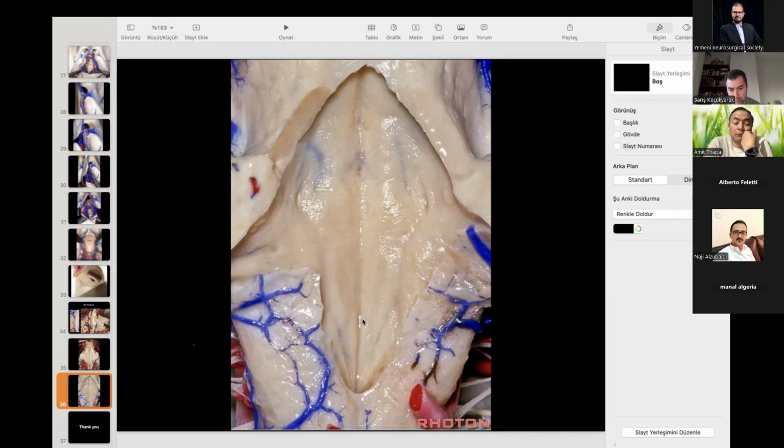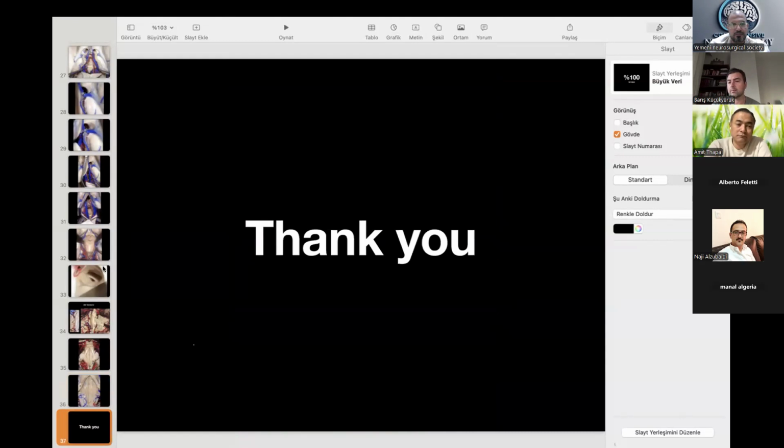I also need to mention that just lateral to the median sulcus, there is the hypoglossal trigone. So there's the hypoglossal trigone, the vagal trigone, and then the area postrema. As I said, I will leave the floor of the fourth ventricle for surgical approaches. Thank you.